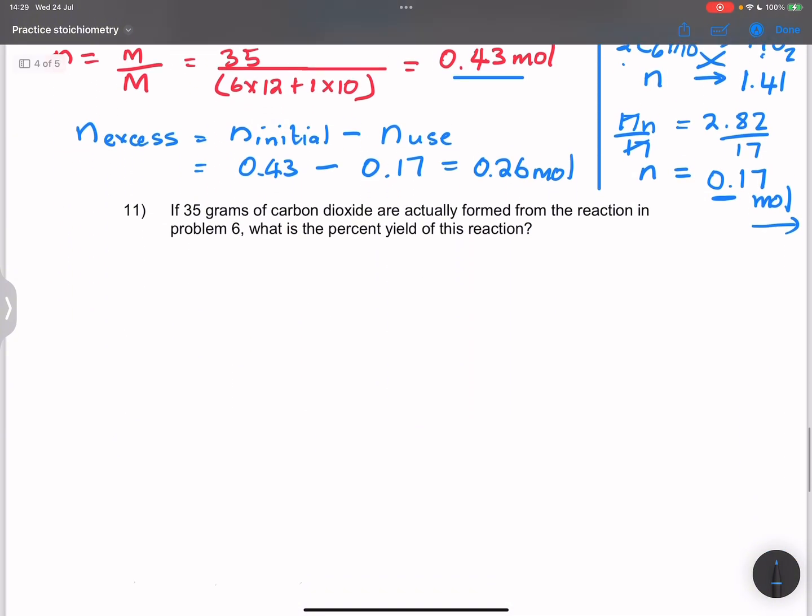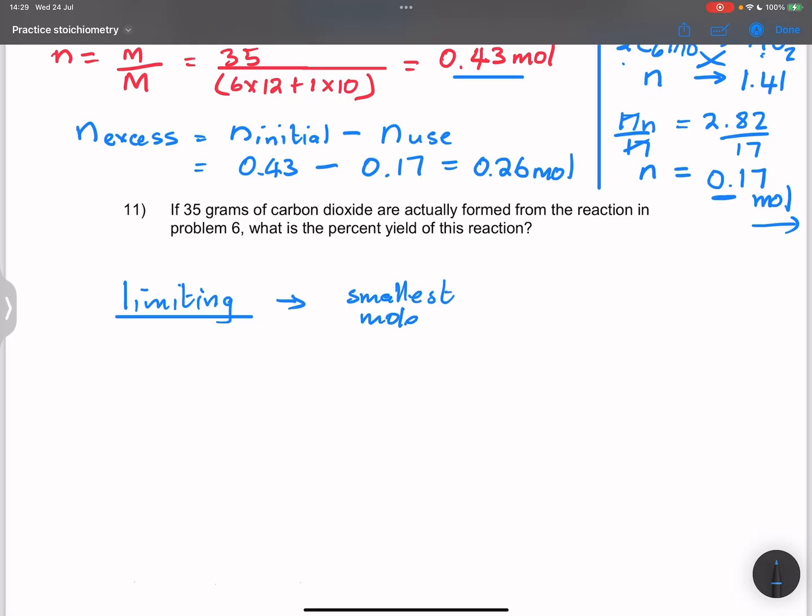Firstly, I found out what the limiting reagent is. It is the one that gives me the smallest number of moles of the product. That is the one that limits the extent of the reaction.